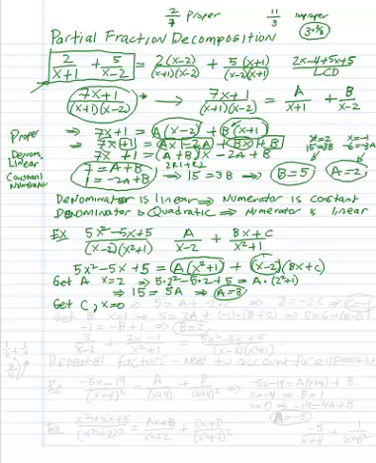So if I plug in x equal to 0, then 5 times 0 squared minus 5 times 0 plus 5 is 5. And plugging in 0 for x, I get 0 squared plus 1 times a is a. And then 0 minus 2 is negative 2, and 0 plus c is c, so I get 5 is equal to a minus 2c. And I know the value of a: a was equal to 3.